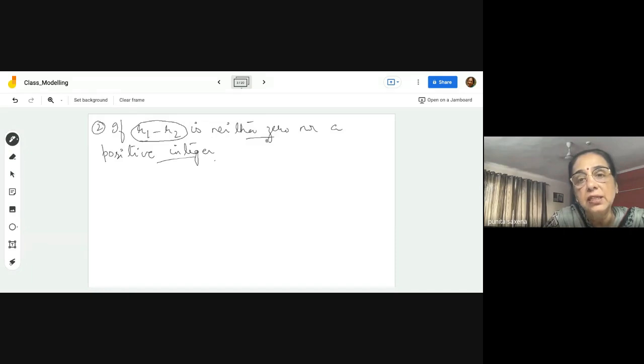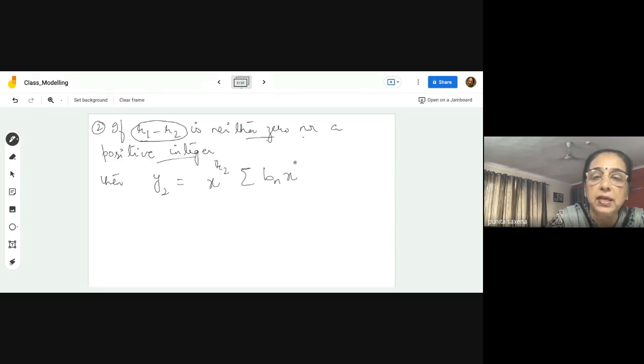So if it's neither 0 nor a positive integer, then there exists a solution, for x greater than 0, definitely, another solution of the form x to the power R2 summation bn x^n, n from 0 to infinity.